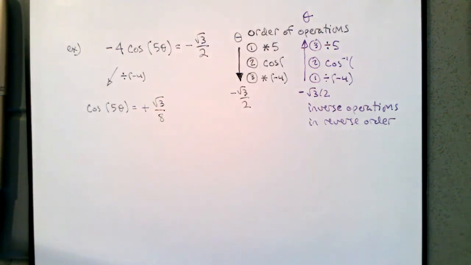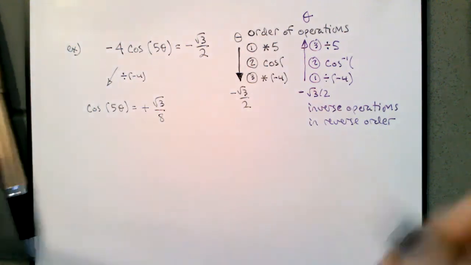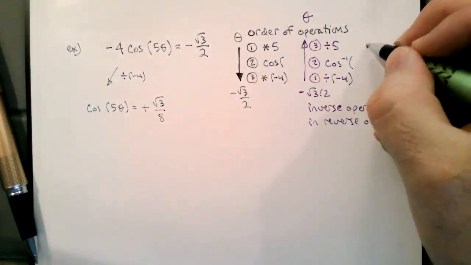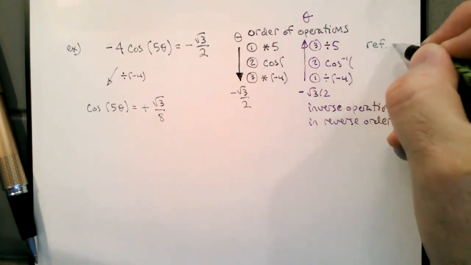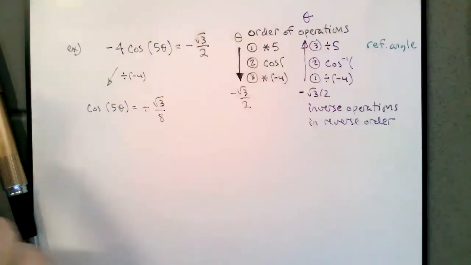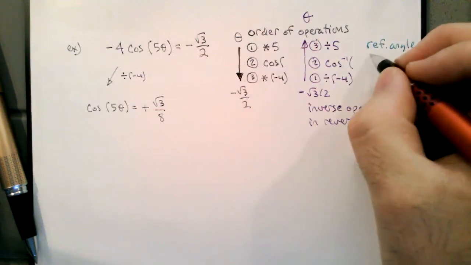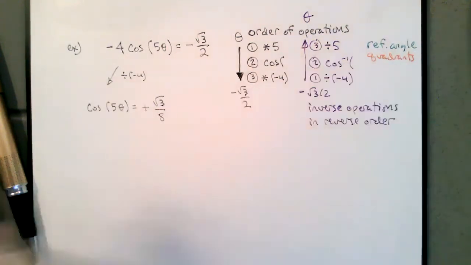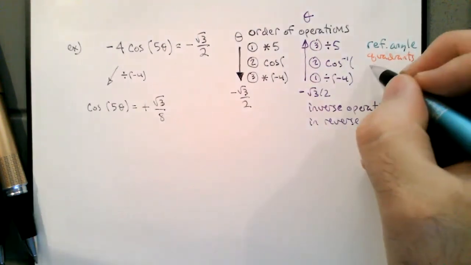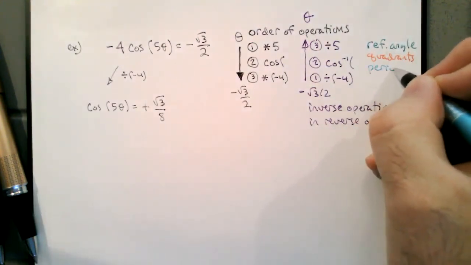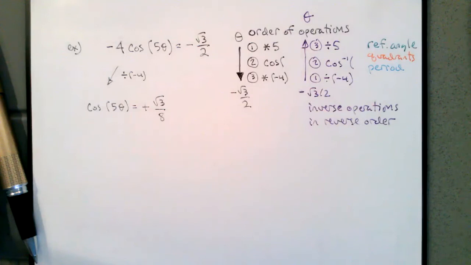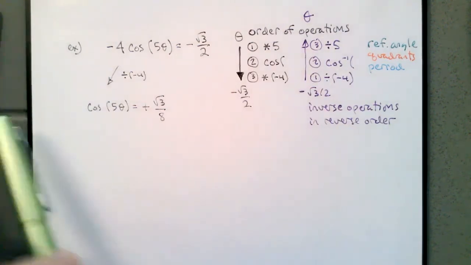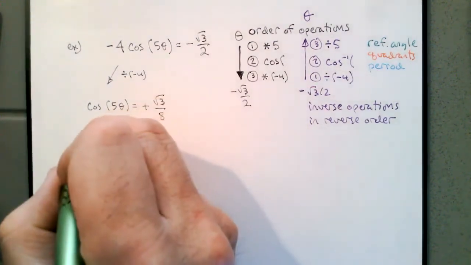Next, we're going to do the cosine inverse thing, which has 3 steps. That involves the reference angle, the quadrants, and the period. So the next step is cosine inverse, which is 3 steps.